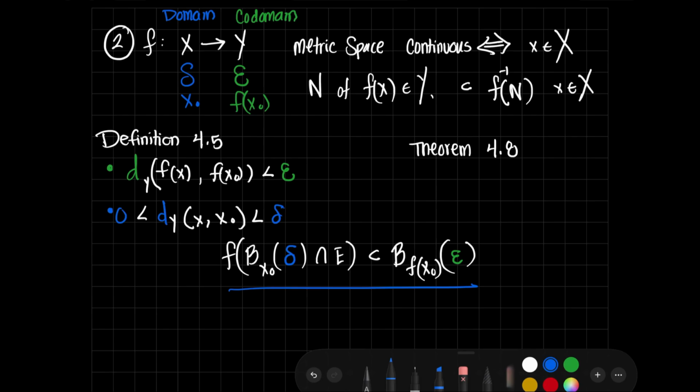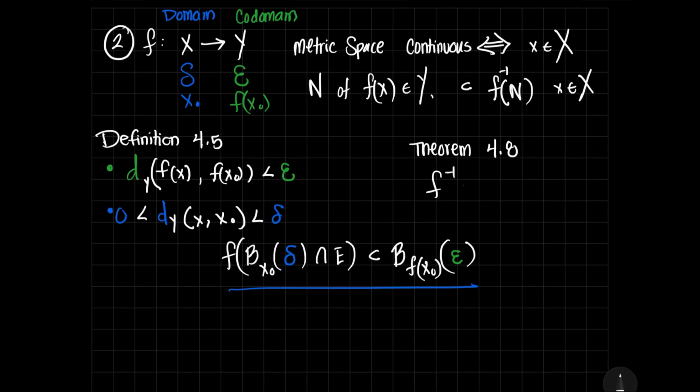Theorem 4.8 expresses the same idea, but from the opposite direction. Instead of starting in the domain and pushing neighborhoods forward, it starts from the neighborhood around f of x naught and takes the inverse image. That inverse image must contain a neighborhood around x naught.